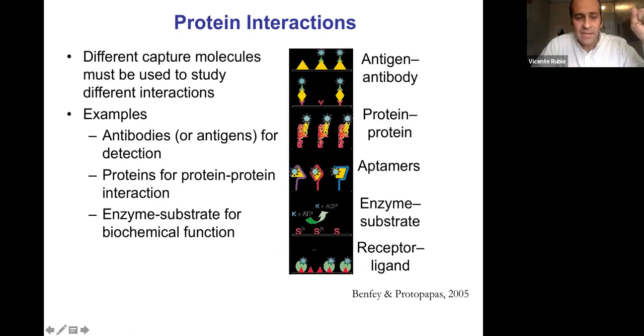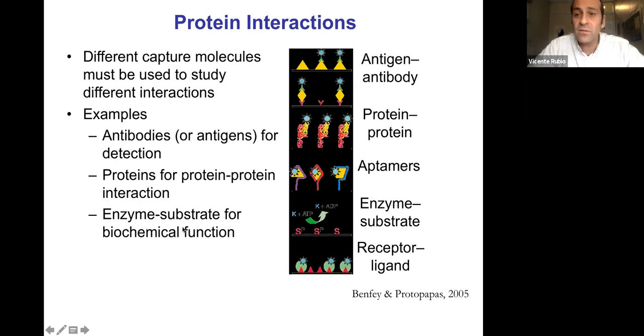And these chips, or protein arrays, can be used not just to screen for protein-protein interactions, but also at the functional level, they can allow detection of antibodies that interact with our particular protein, and also to characterize enzymatic activities.